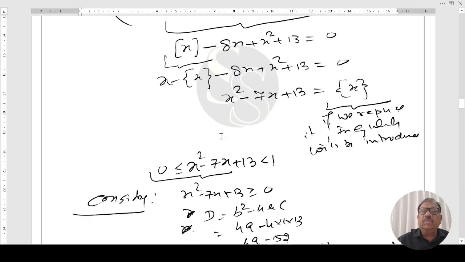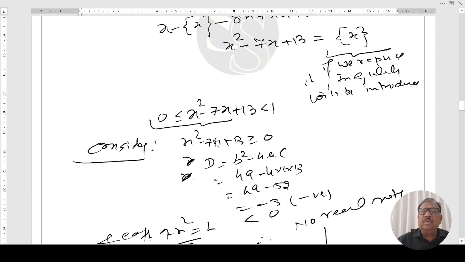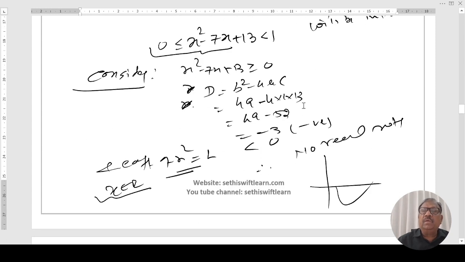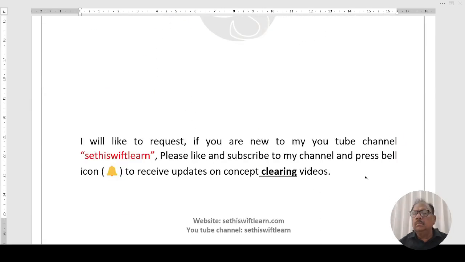From the first information we get D less than 0, which means it is for all values of x, always positive. And for less than 1, it comes out to be (3, 4). If we check it, it does not satisfy this condition. Therefore, no solution.